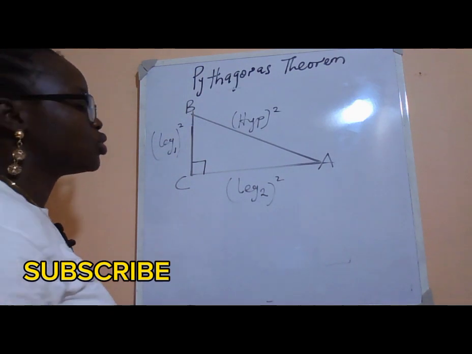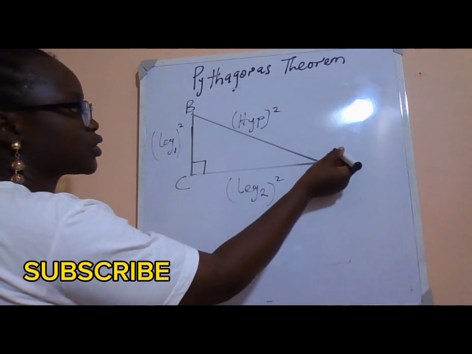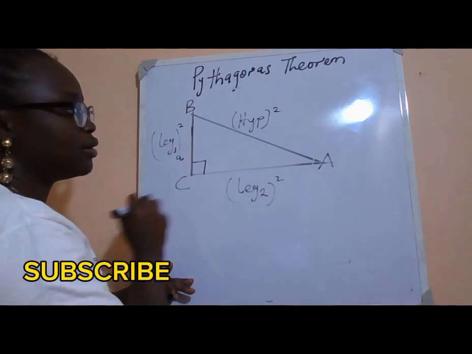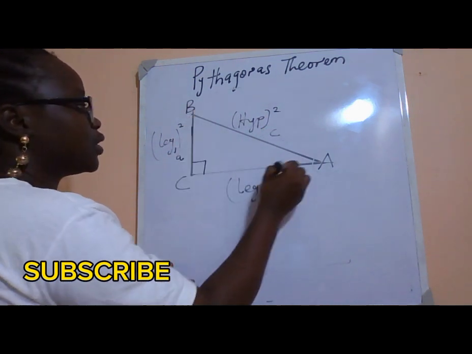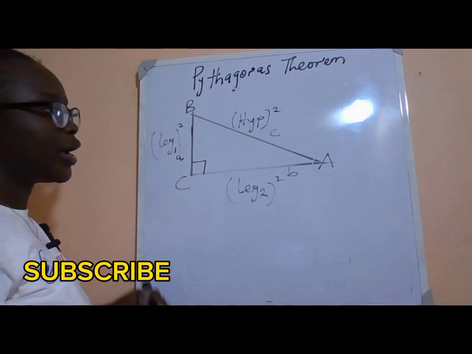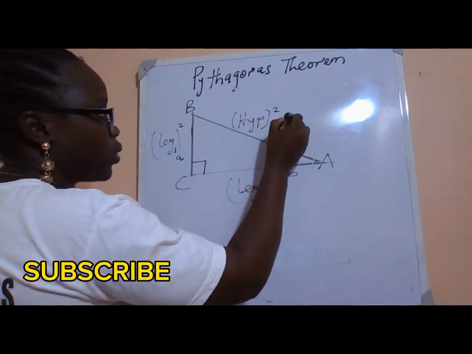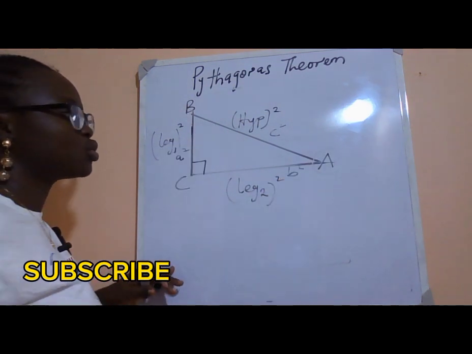Are we good? So we can decide to say the opposite of this first angle A is small letter a, while the opposite of this is b. All right, so we can square it. Our hypotenuse is c squared, and the first and the second legs are also squared.